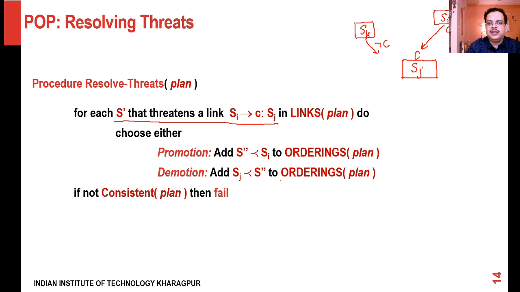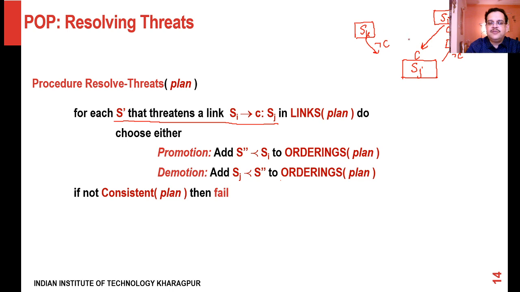For example, I cannot put Sk between Si and Sj, because if I did, then it will destroy the C and then Sj cannot execute because C does not hold anymore.